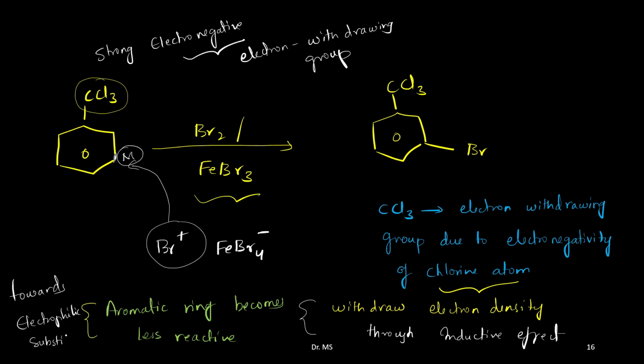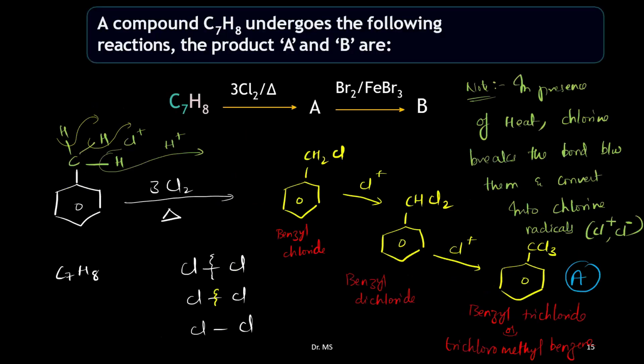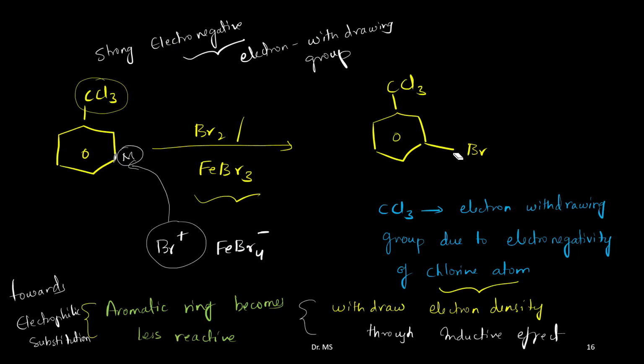Understood? So what will be the answer here? It will be on the meta position. So that's it. The reaction is with bromine in the presence of FeBr3. So what happens is this. Is that clear or any doubts?